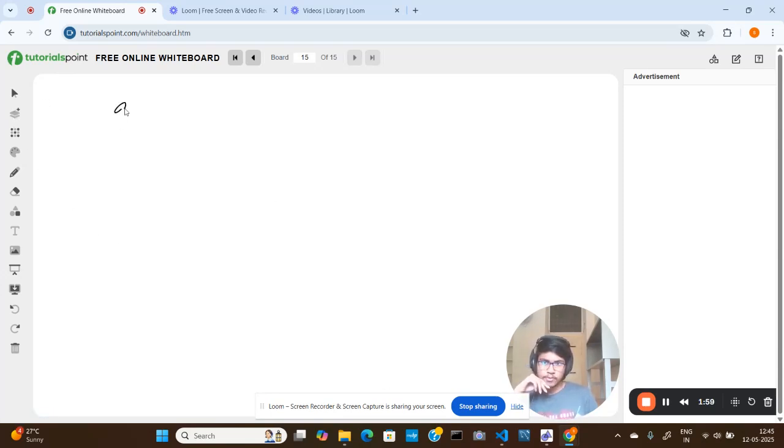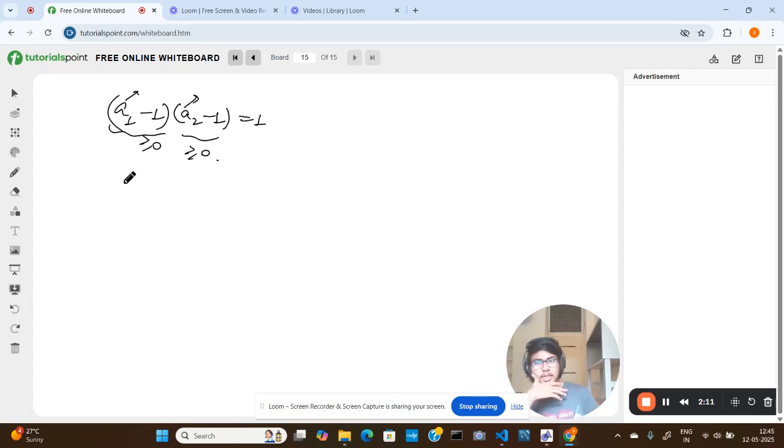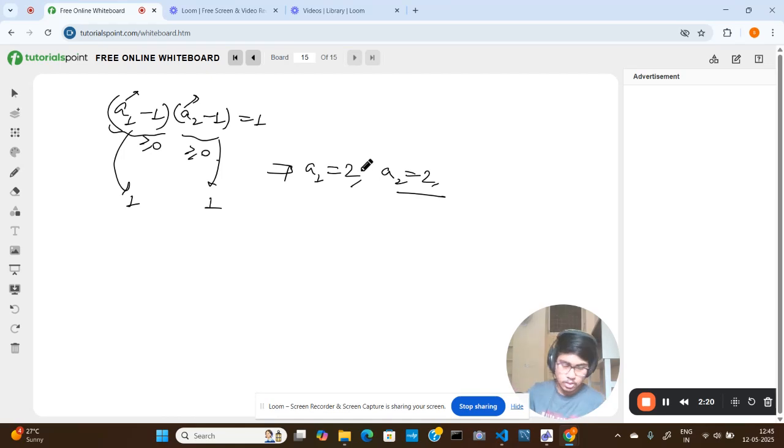We know a1 and a2 are positive integers, so both of these terms are greater than or equal to 0. So the only way this can happen is both of them are equal to 1, and that will imply a1 is equal to 2, a2 is equal to 2.